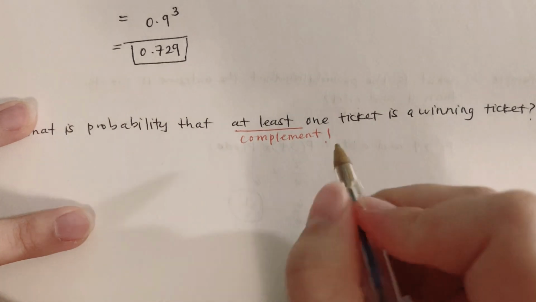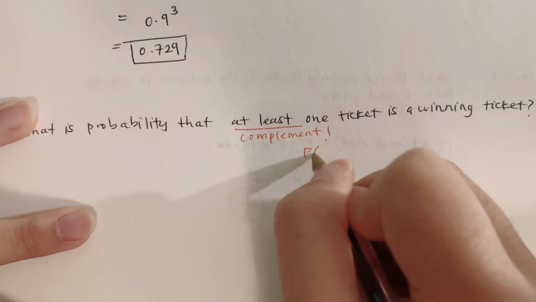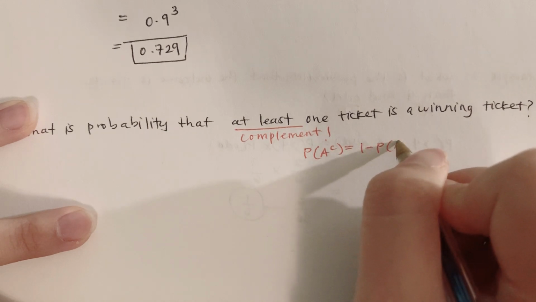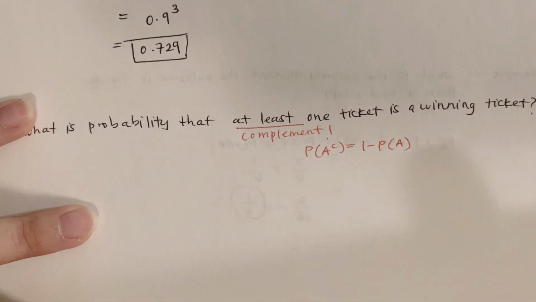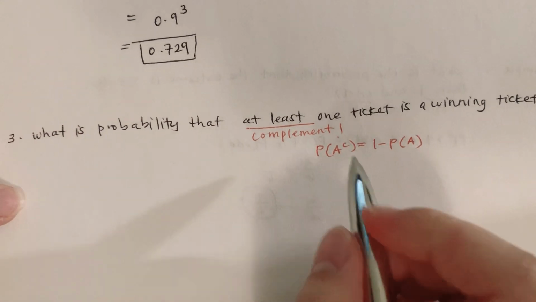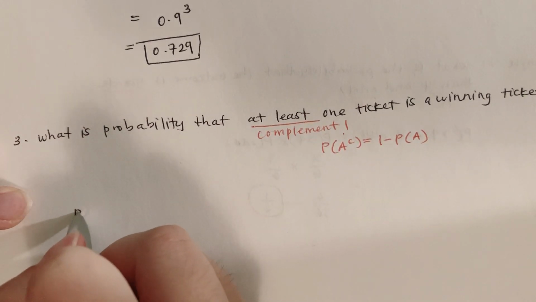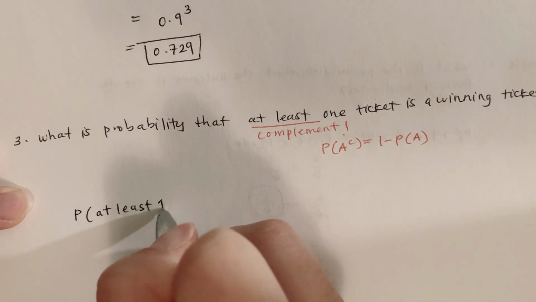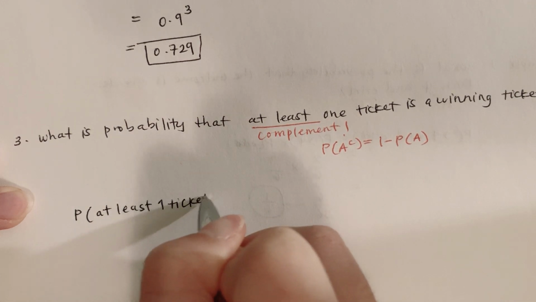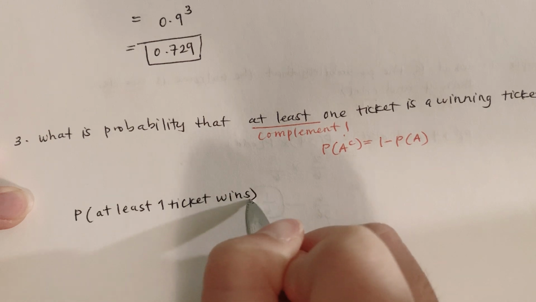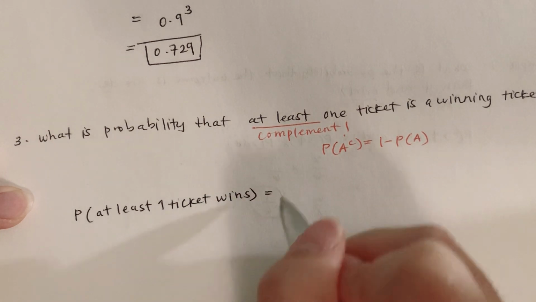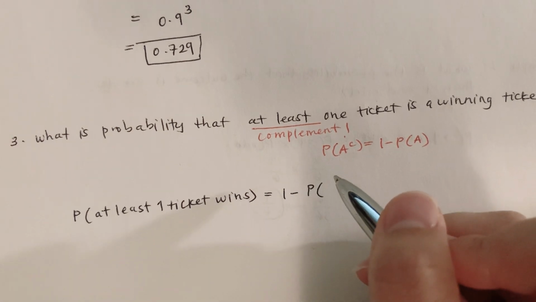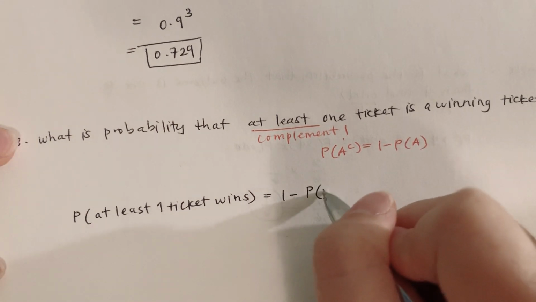So again, remember the complement: P of A complement is equal to 1 minus the probability of A. So using this formula, the probability that at least 1 ticket wins is going to be equal to 1 minus the probability that none of them win.